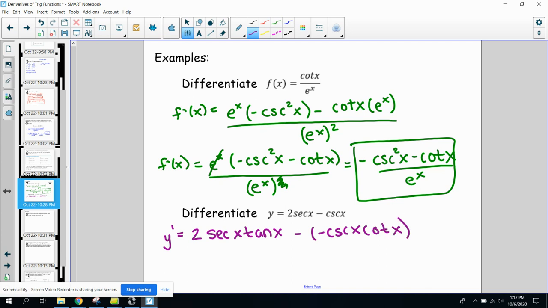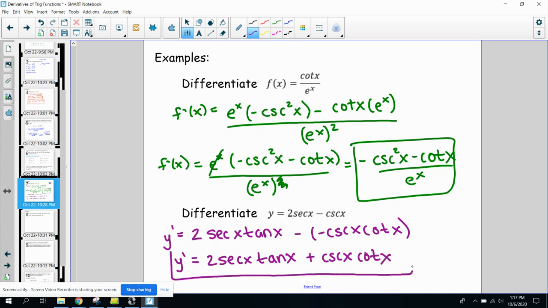And then I'm just going to get rid of that double negative there. So I have 2 secant x tan x plus cosecant x cotan x. And there is our derivative.